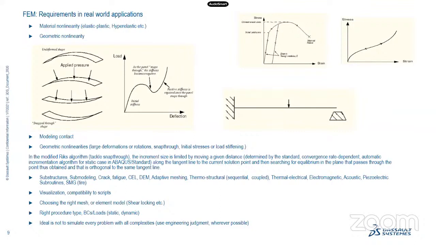We can still use engineering judgment. The key concept is that instead of solving the entire 3D analysis together, we first solve the axisymmetric problem, and from that solution we transfer the results to 3D. So we don't need to solve all of the 3D analysis. That is SMG.